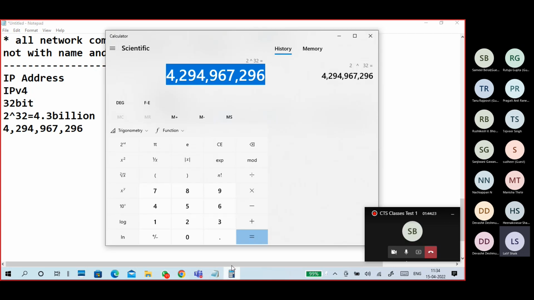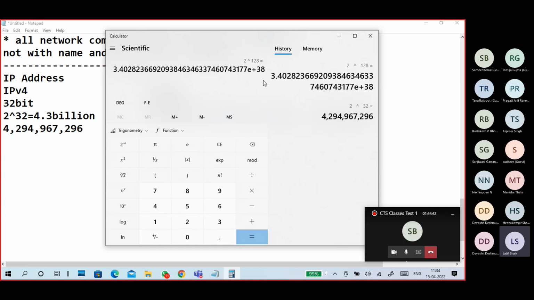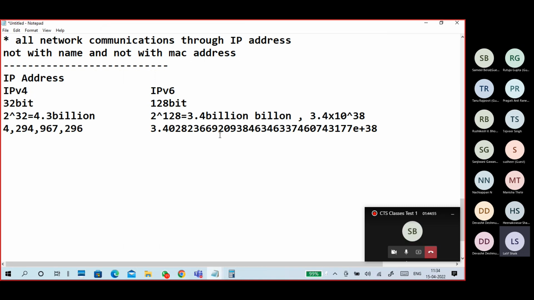If you calculate 2 to the power of 128, correct, this is the size, 3.4 times 10 to the power of 38. This means billions upon billions of IP addresses. So IPv6 is a very big network.